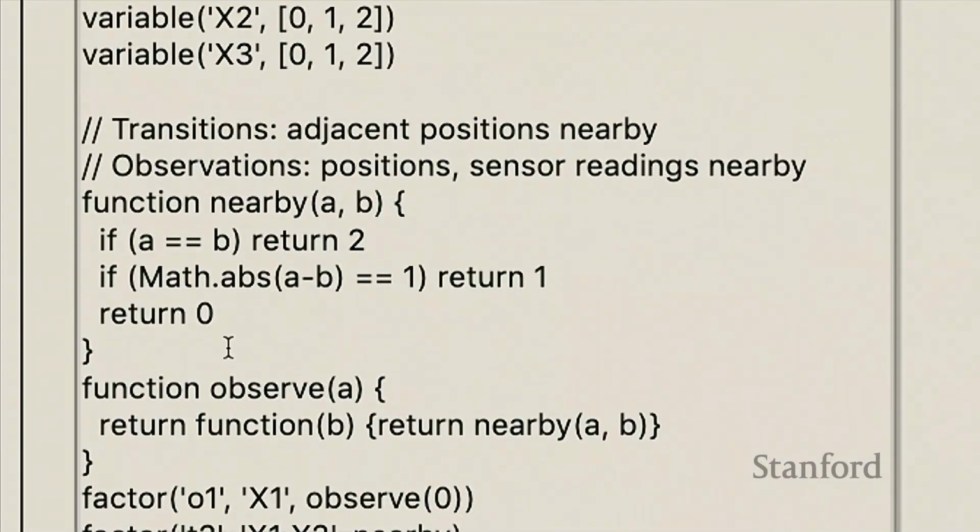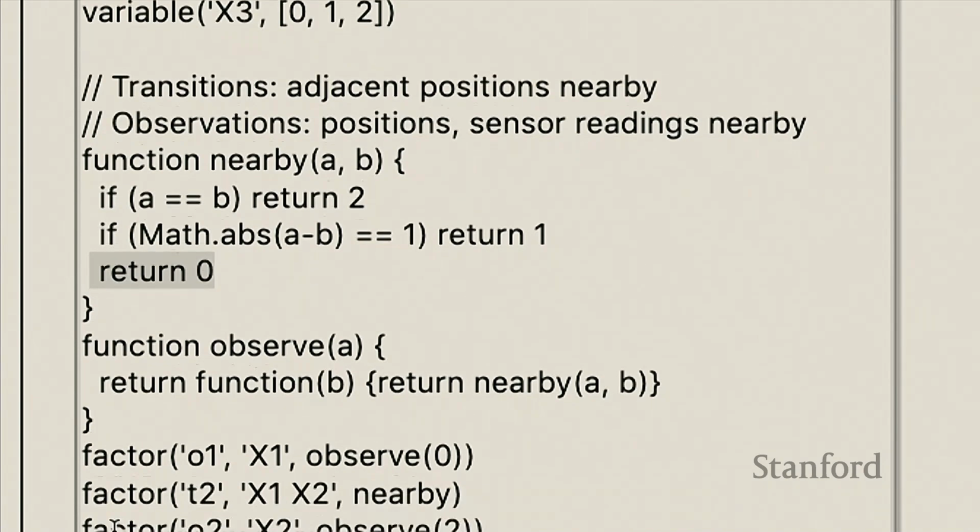And then this is a little function that's encoding the fact that if things are nearby, then we like that. So we have 2 variables, a and b. If they're in the same position, then we return 2. We really like that. If they're only 1 away from each other, we return 1. So it's OK, we'll take it. And if they're farther away than 1 from each other, then we zero it out. That's a hard constraint. We don't like that.